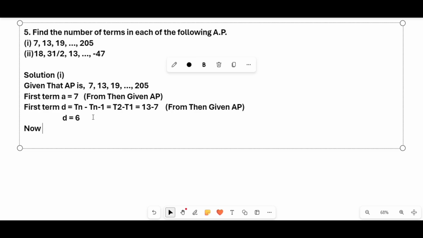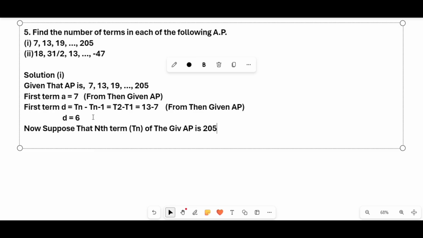Now suppose that the nth term, we denote Tn, the nth term of the given AP is 205.